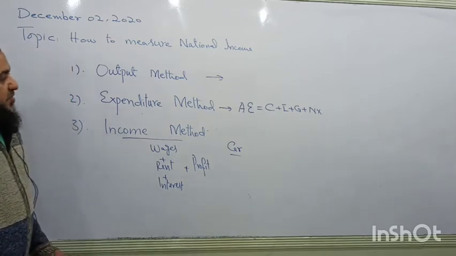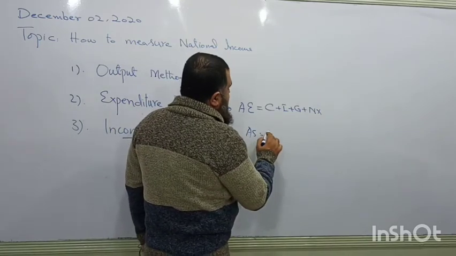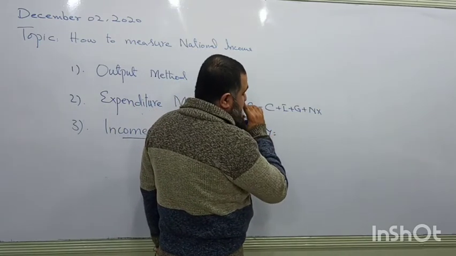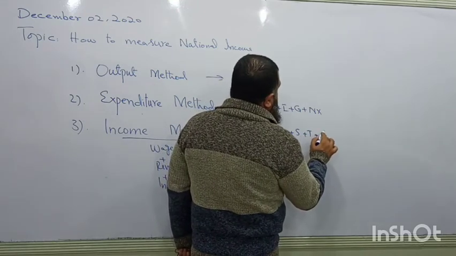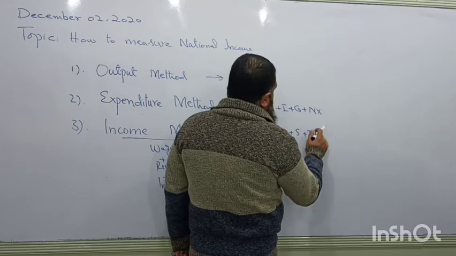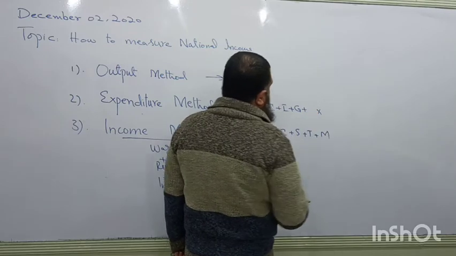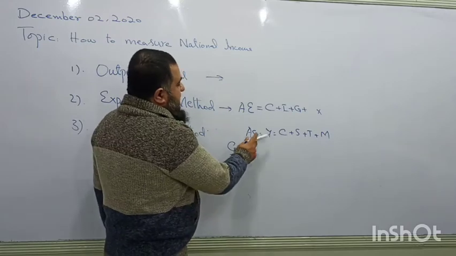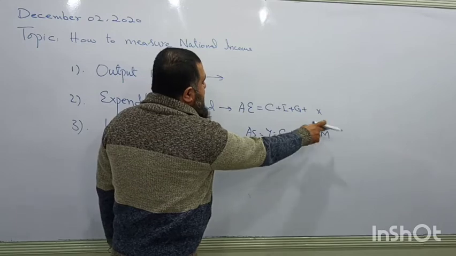Keep it in mind, our income, like we say, this is the aggregate supply. Income is divided into C plus S plus T plus, here if I take exports, then it can be imports over here. So income is divided into consumption, saving, taxes and imports.